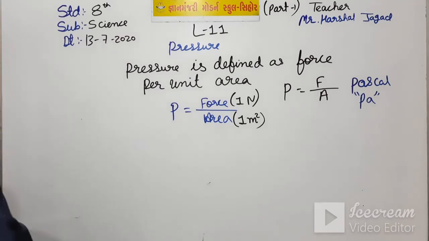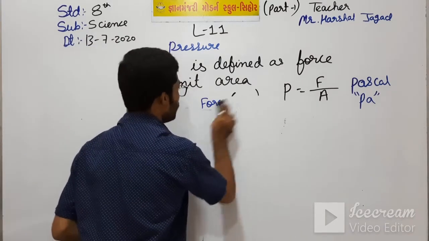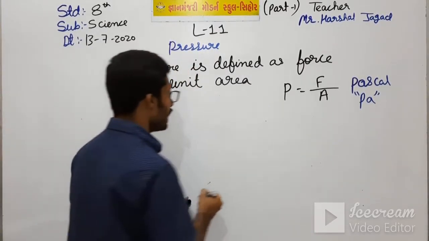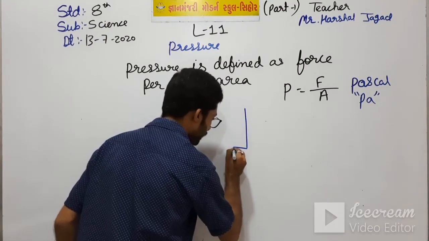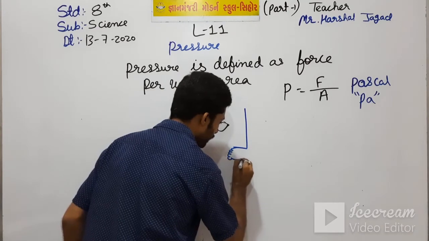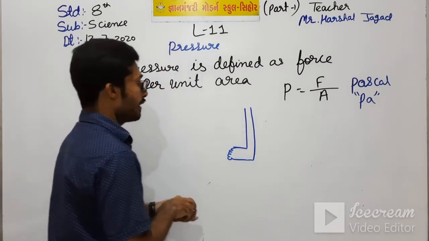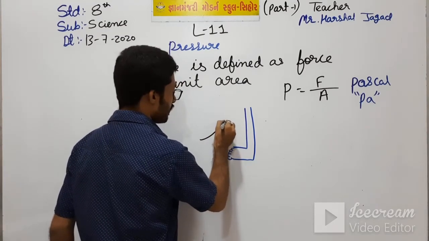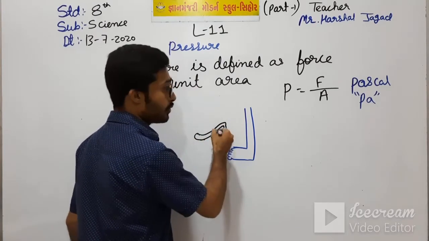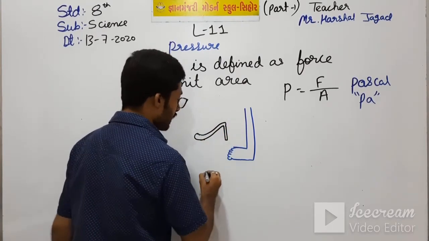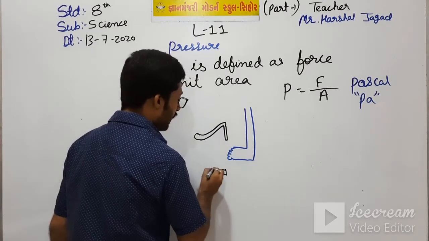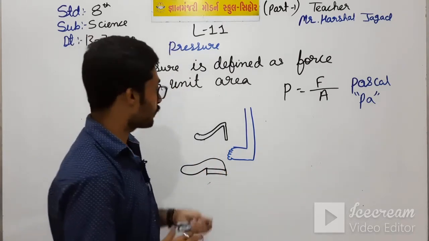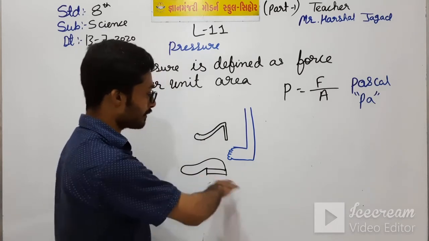I have previously drawn a figure here of a leg, and a shoe with a pointed end and another shoe which has a plain surface. So, there are two types of shoe, pointed and plain.